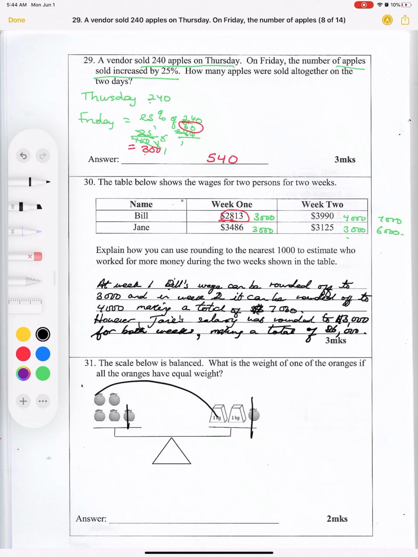What does that mean? 2 oranges make 1 kilogram. 2 oranges make the next kilogram. What is the weight of 1 orange? Half a kilogram. So you can write half kg, you can write 0.5 kg, or you can express it in grams as 500 grams.